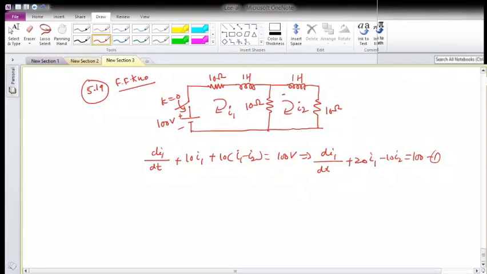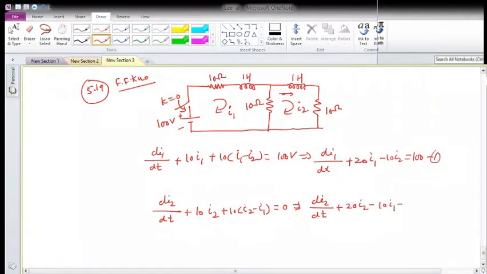Now for second mesh, let me start from here. So it will be L di2 by dt, so di2 by dt plus 10 I2 plus 10 times I2 minus I1, which is equal to 0. So this also I can write as di2 by dt plus 20 I2 minus 10 I1, which is equal to 0.